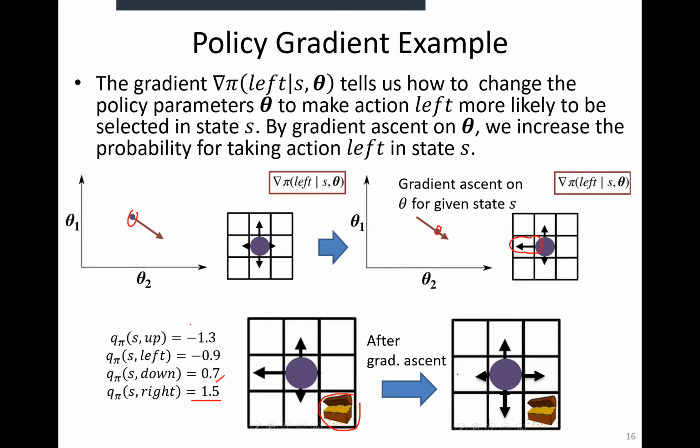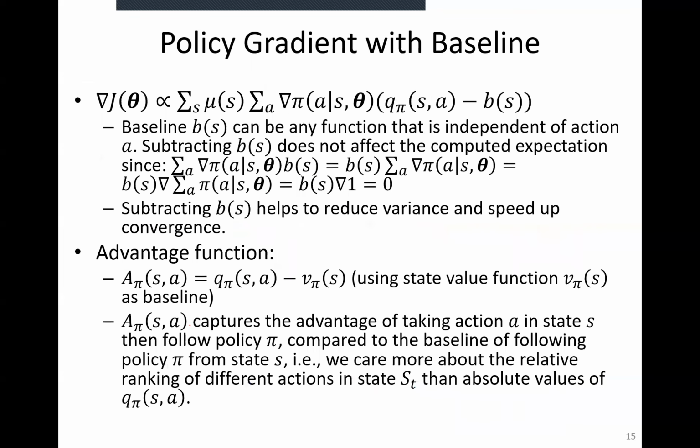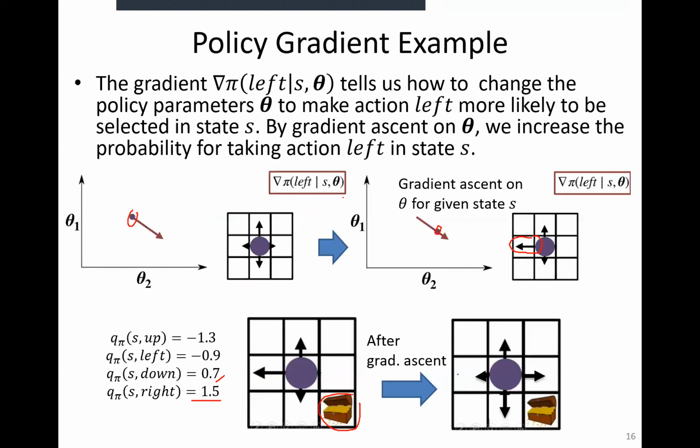So this Q pi is this guy. If you plug in the Q pi into this formula, you get a derivative of your J, the objective, with regard to the parameters theta. So if you do gradient ascent in this direction, then it'll increase the probability.